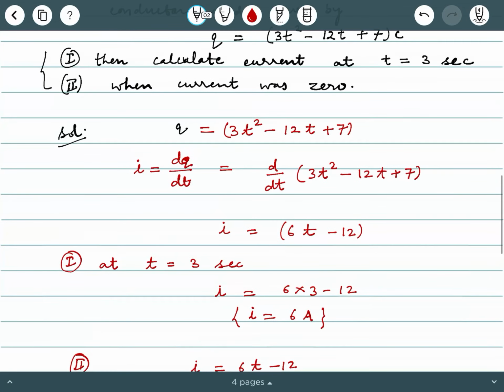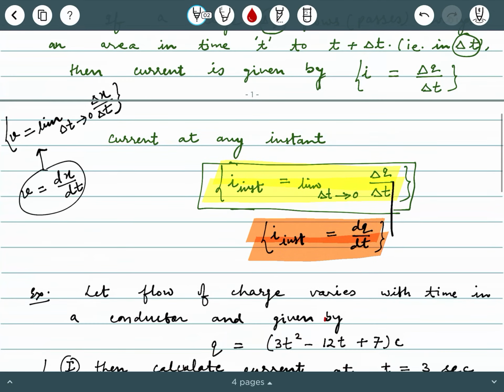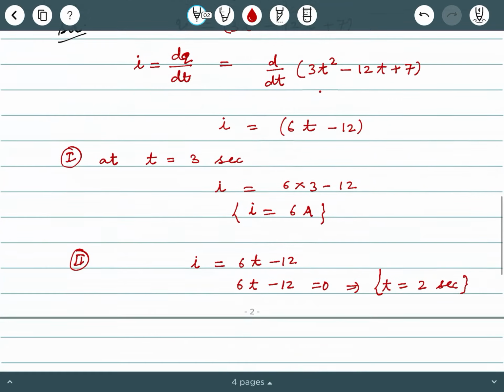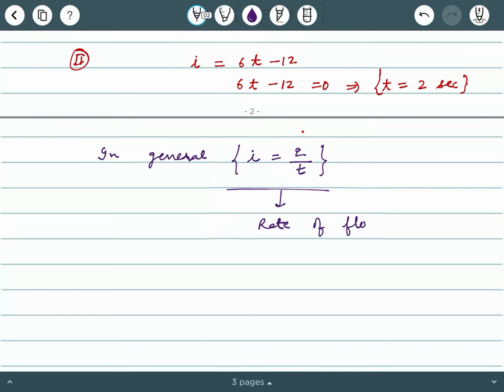Next one now. Continuing with the topic now. So I was explaining current I equal to dq by dt, or in general I equal to q by t. In general, I equal to q by t, and we simply say it's rate of flow of charge.